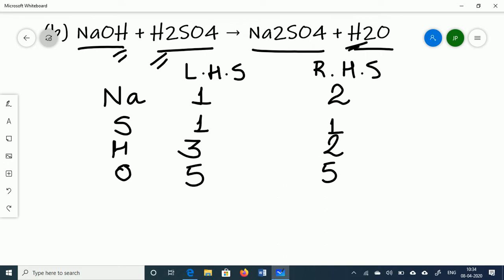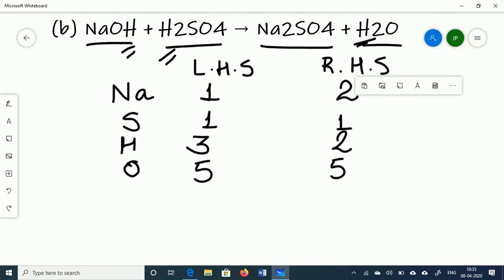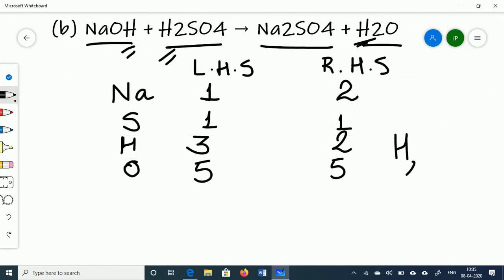It is not possible to make the 3, so we will multiply the H2O on the right hand side with 2, so ultimately the number of hydrogen is going to increase. Later on we will achieve the balanced stage. So the first step is to multiply the H2O with 2 on the right hand side.